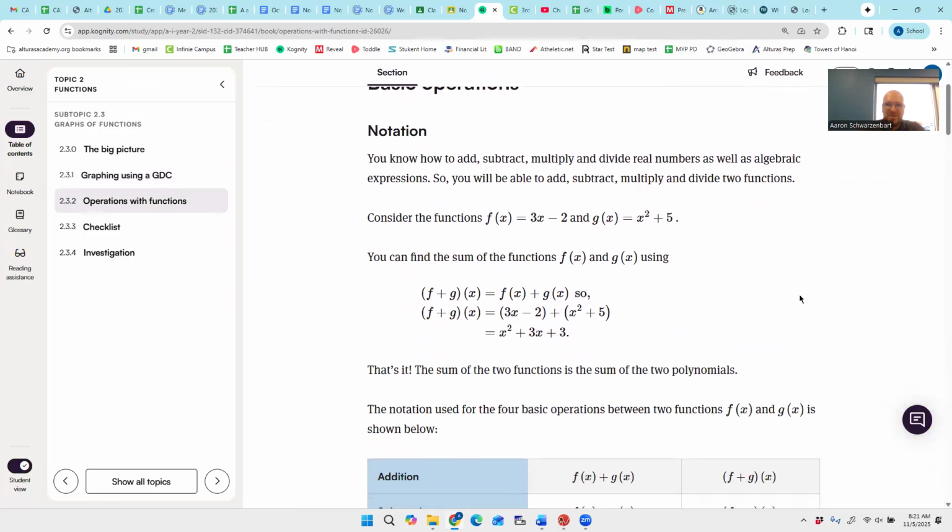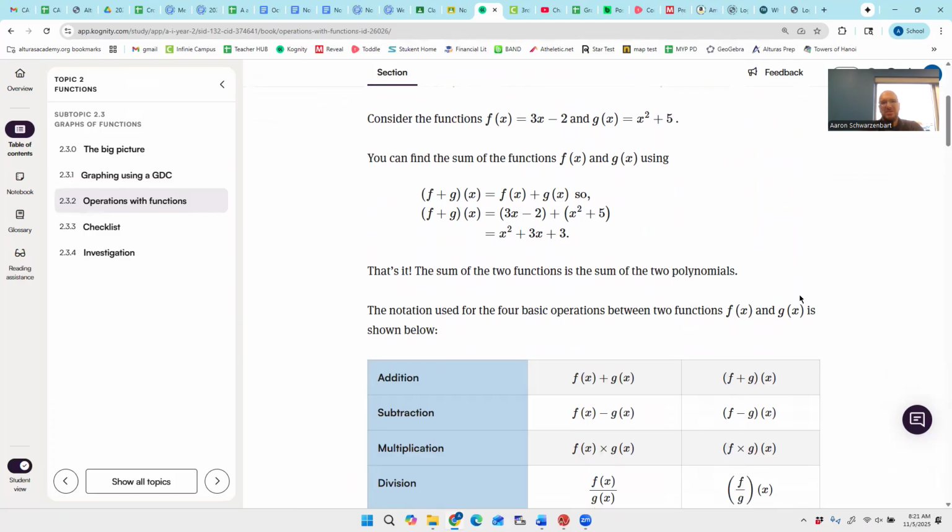Okay, function operations. What operation would this be? Multiplication. Just multiply the two functions together. Make sure you use parentheses.